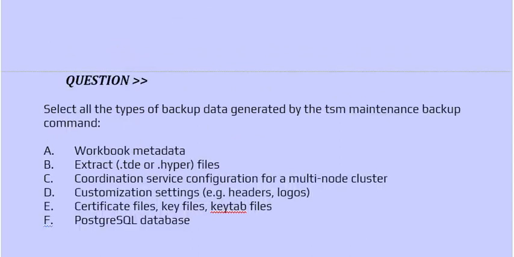Next question is, select all the types of backup data generated by the TSM maintenance backup command. Option A. Workbook metadata. Option B. Extract .tde or .hyper files. Option C. Coordination service configuration for a multi-node cluster.